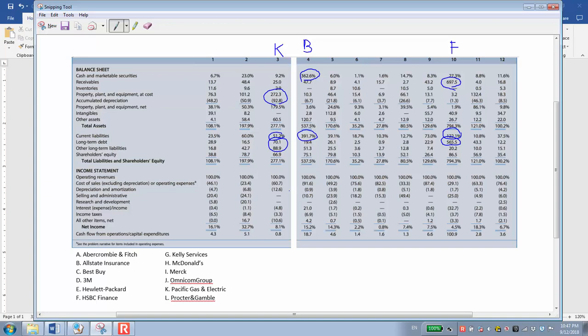Which one has the highest? Actually company 2, 20.1%. So company 2 spends one fifth of its total revenue on research and development, which is very significant compared with the other 11 firms, right?